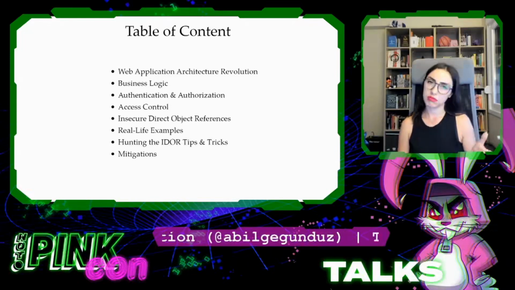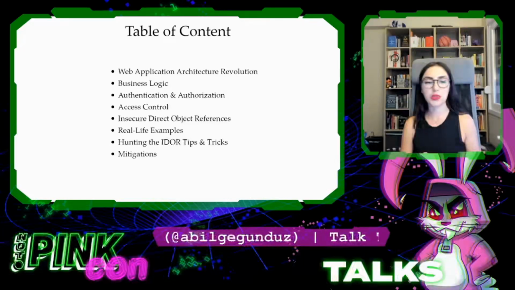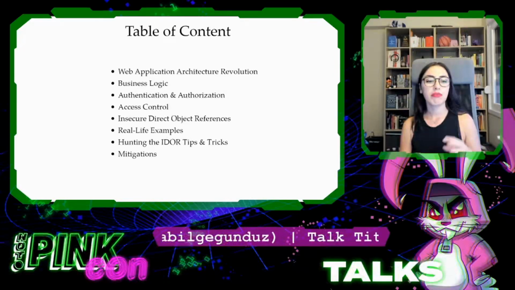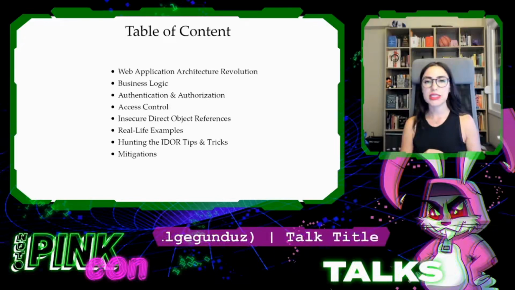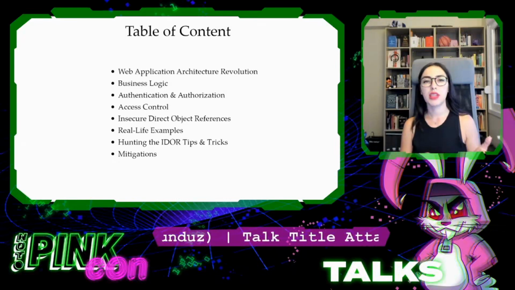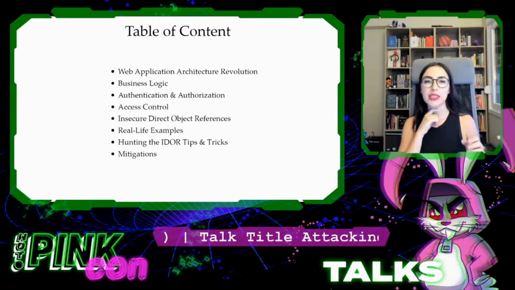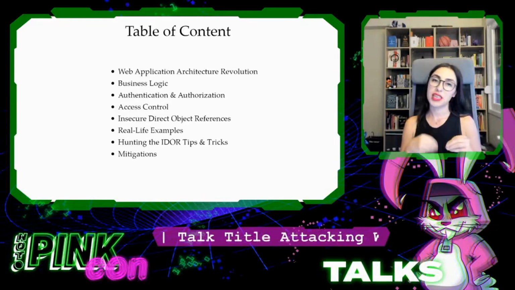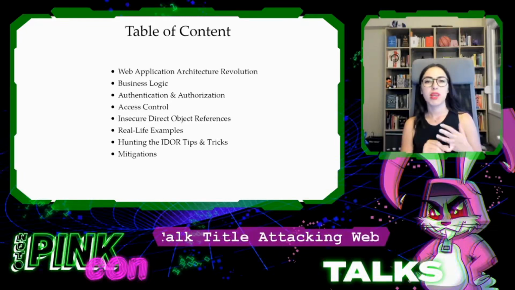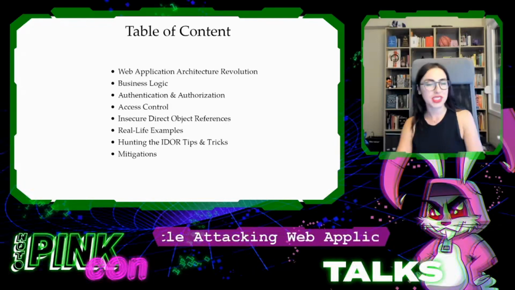And then I will give information about access control and insecure direct object references. Then I will try to elaborate the IDOR with real life examples. Then I will try to give some tips and tricks about how to hunt IDOR. And then, of course, I will try to explain the mitigation, how we can mitigate the IDOR vulnerability.